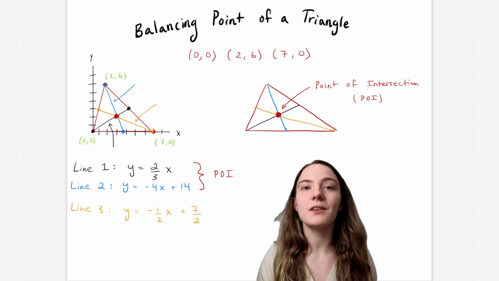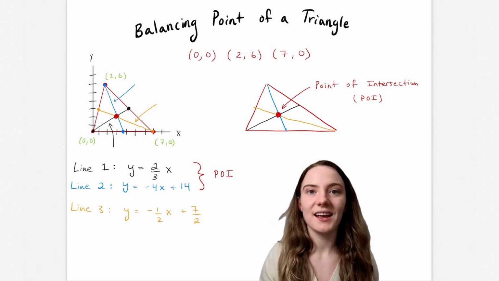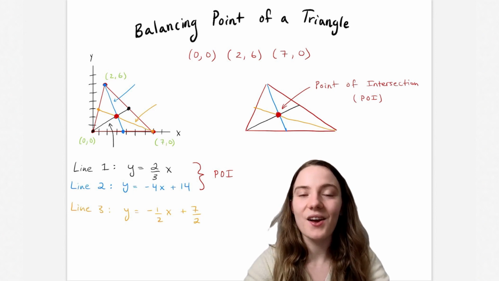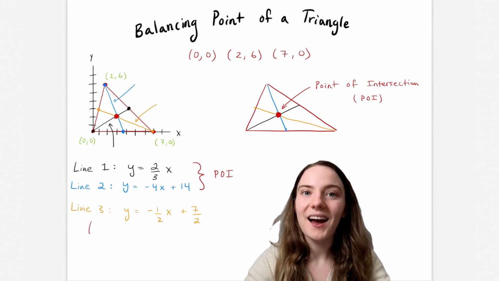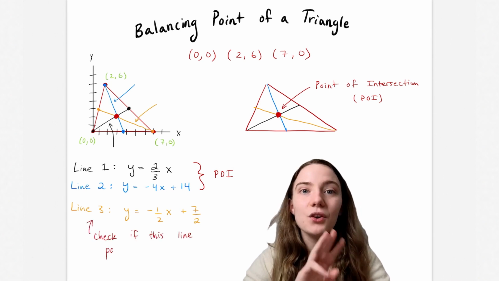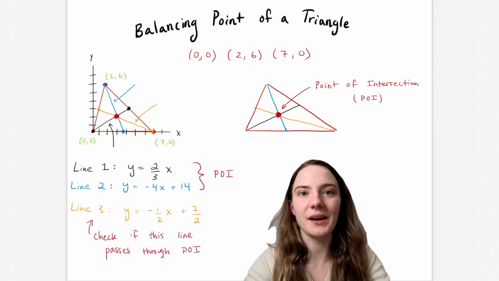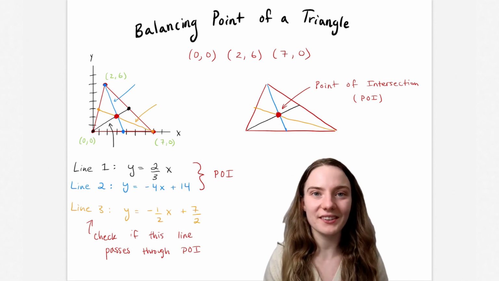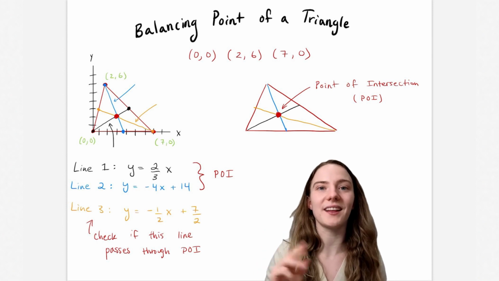Well, I'm going to start by looking at the first 2 lines, and I'm going to use a method called substitution to find the point of intersection. Once I have that point, I'm going to check if the third line passes through it. If it does, then we can say that that is the point of intersection between all 3 lines.